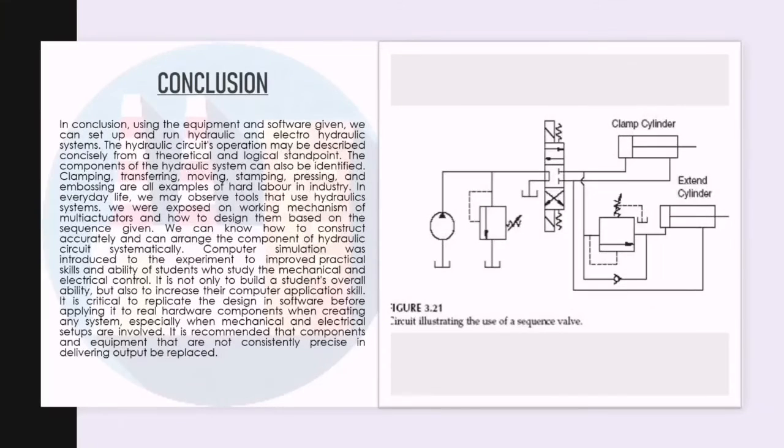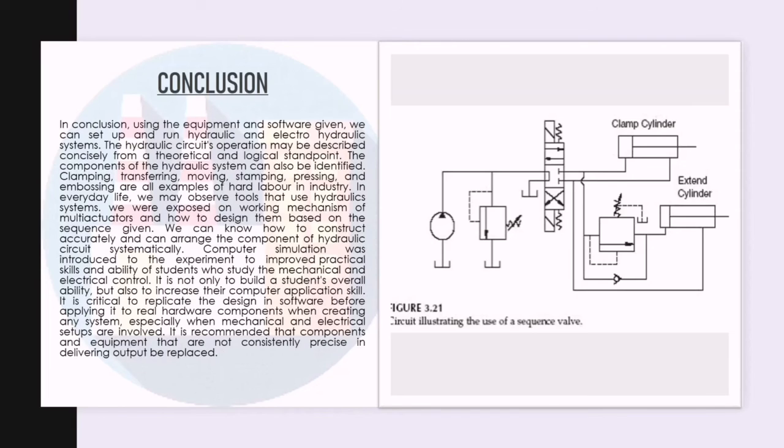In conclusion, using the equipment and software given, we can set up and run hydraulic and electro-hydraulic systems. The hydraulic circuit's operation may be described concisely from a theoretical and logical standpoint. The components of the hydraulic system can also be identified: clamping, transferring, moving, stamping, pressing, and embossing are all examples of hard labor in industry.